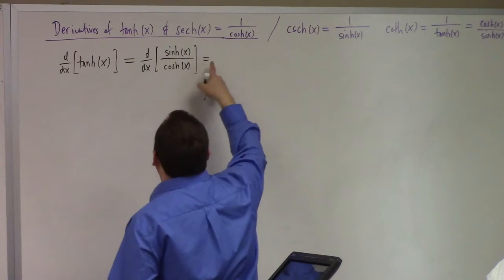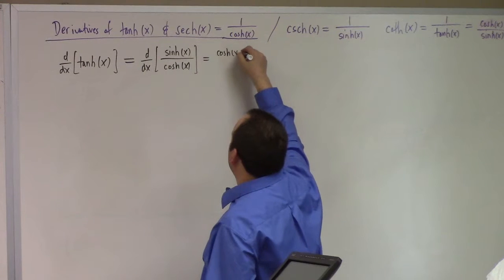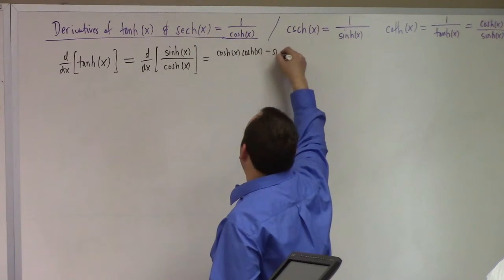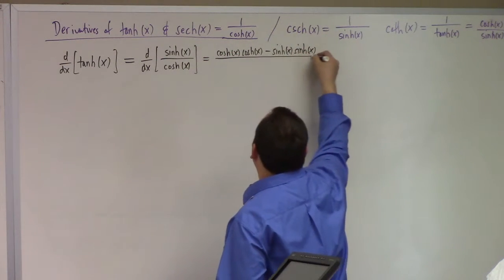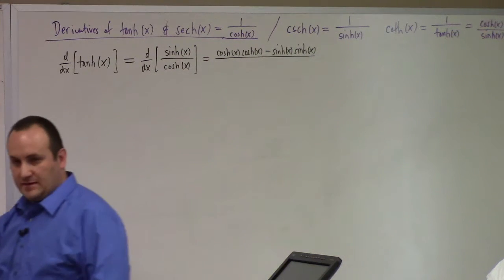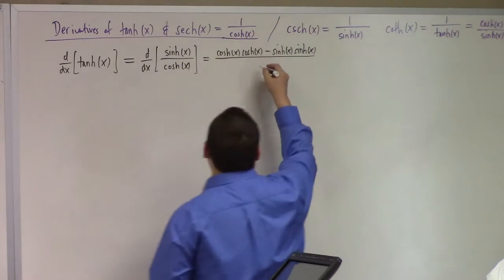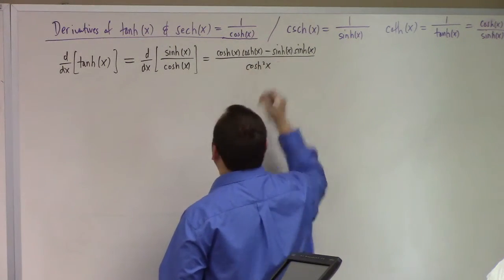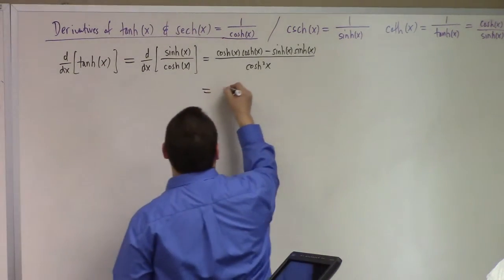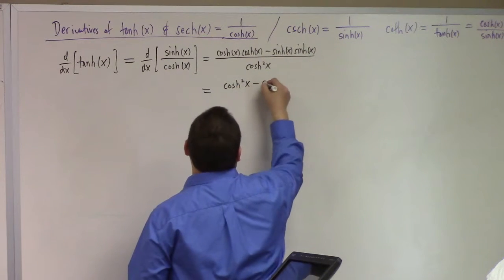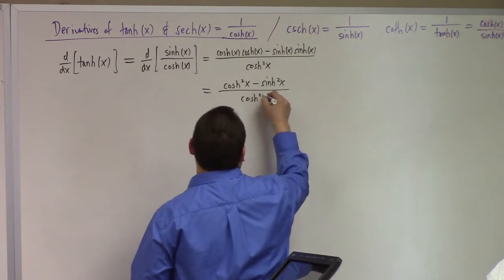So I do the quotient rule, right? I've got cosh x times cosh x minus sinh x times sinh x, because the derivative of cosh is sinh and the derivative of sinh is cosh, as we discussed last time. And downstairs, the denominator squared, cosh squared. Remember one of the identities: cosh squared x minus sinh squared x over cosh squared x.